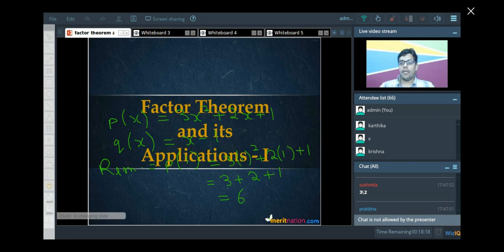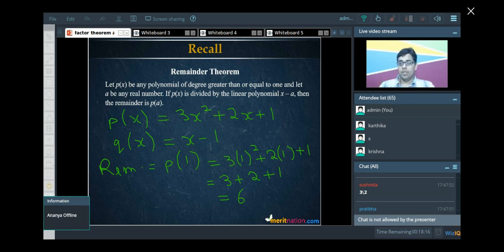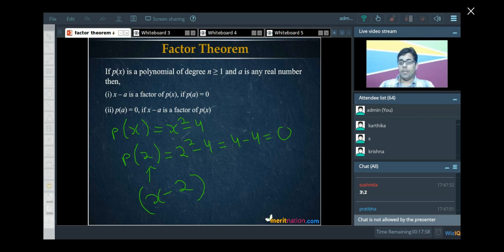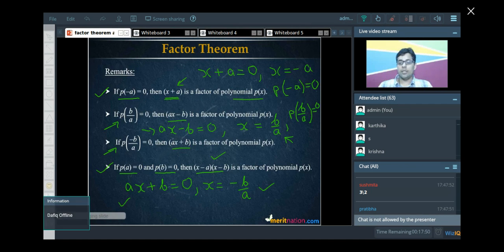If you can see the slides here, the remainder theorem we started with: put the divisor equal to 0, find the value of x, put this value back into the polynomial and then find the remainder without using the long division method. Then the factor theorem: if the remainder is coming as 0 in the remainder theorem, we can say the divisor is a factor.